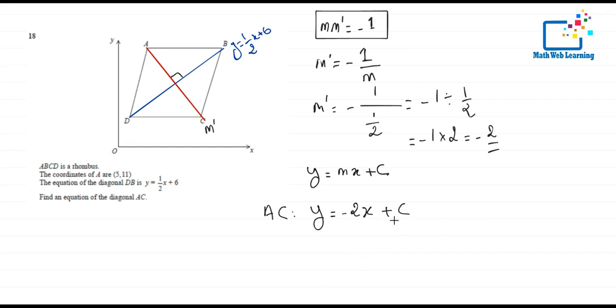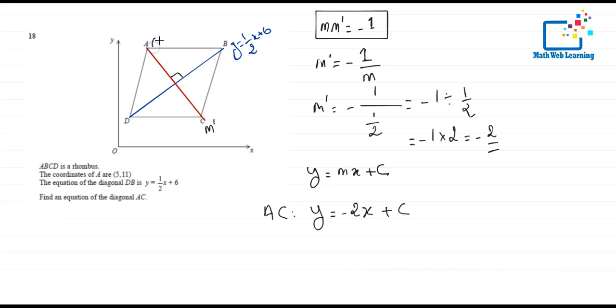Now we still have a problem here. We haven't got the value of c, the intercept. From the graph, it is impossible for me to do it graphically, so I have to do it algebraically. How do I do that? Well, there is a clue: here it says the coordinates of A are 5 and 11. So we've been given this coordinate.